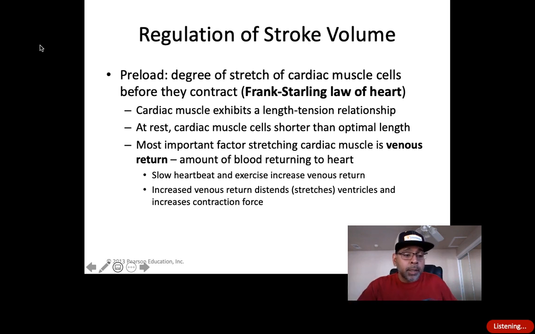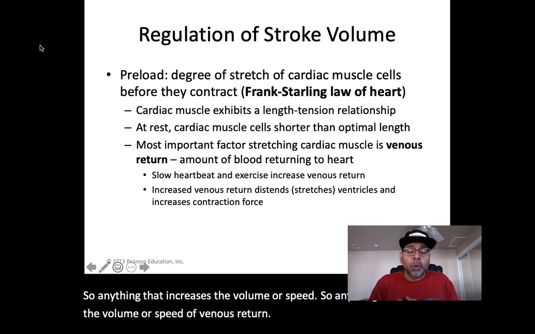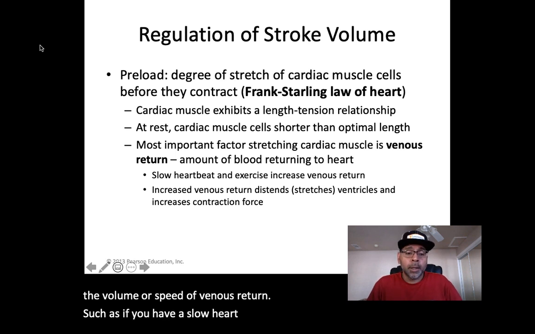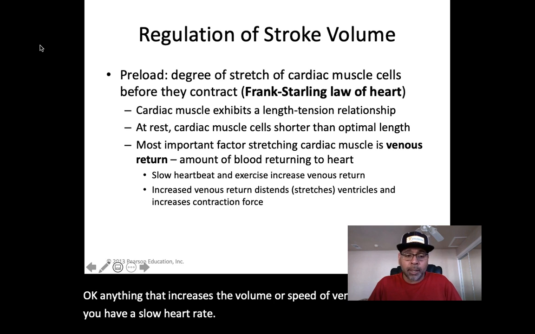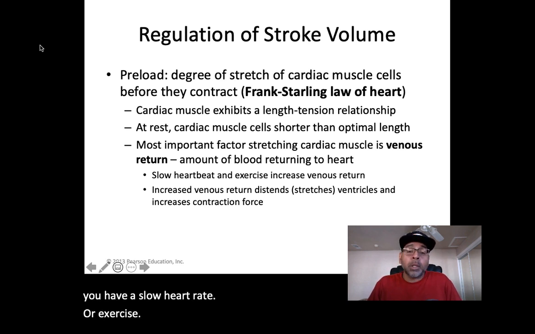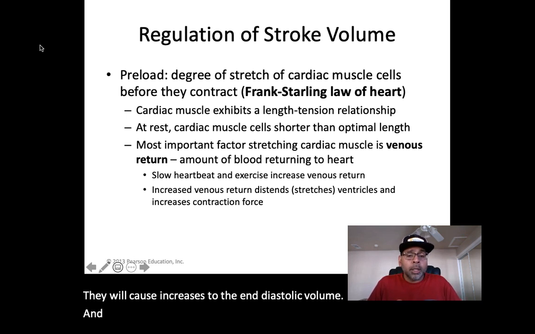So anything that increases the volume or speed of venous return, such as a slow heart rate or exercise, will cause increases to the end diastolic volume and consequently stroke volume.